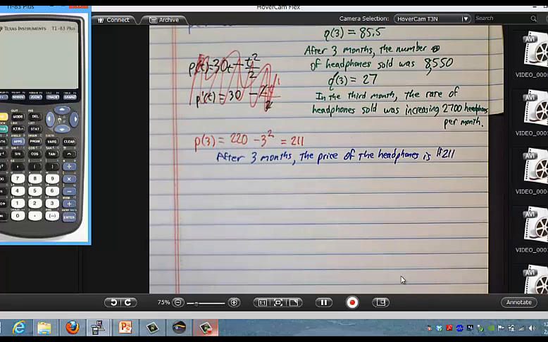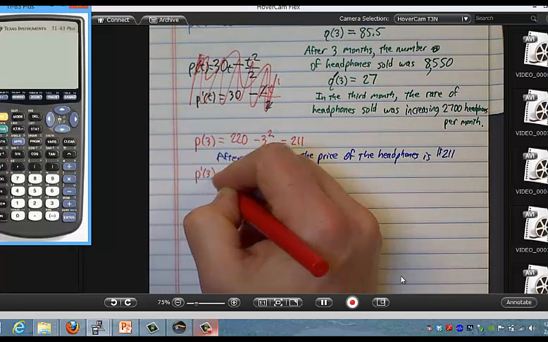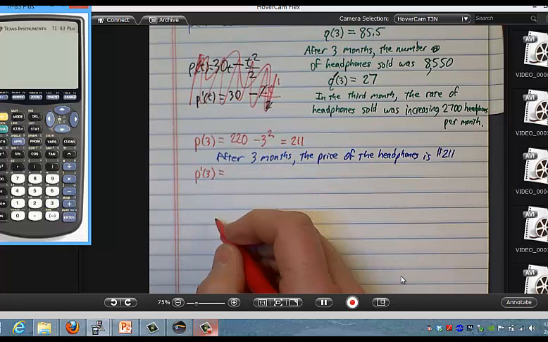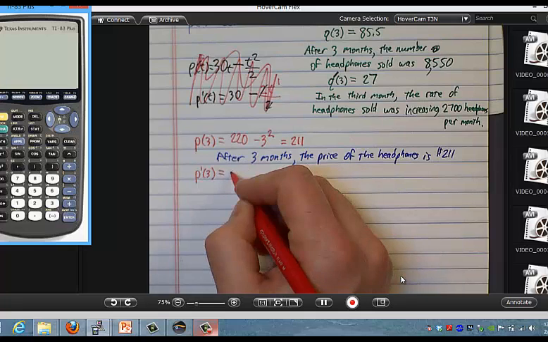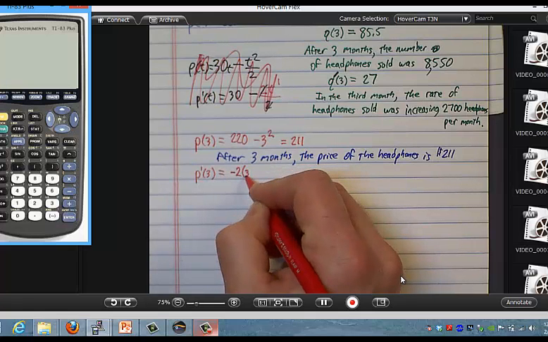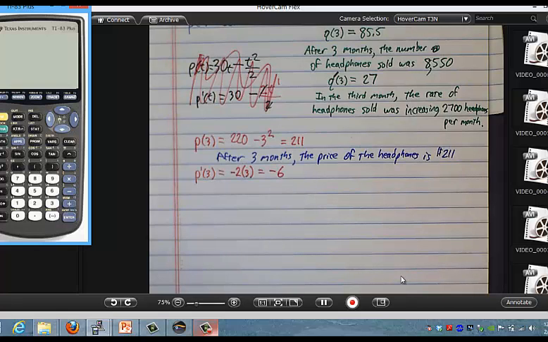And now let's do the last part of this. P prime of 3 equals, well, where's P prime? P prime is negative 2t. So negative 2 times 3, negative 6. So let's talk about this.